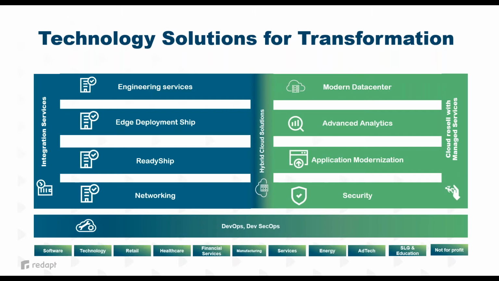We have application modernization, which I'm part of, and advanced analytics, which deals with building out reporting infrastructure, and any machine learning or artificial intelligence work goes into that practice. We have DevOps and DevSecOps across all the different practice areas that we currently support. We also have managed services that are applicable across all three clouds. We support Azure, AWS, and GCP right now.